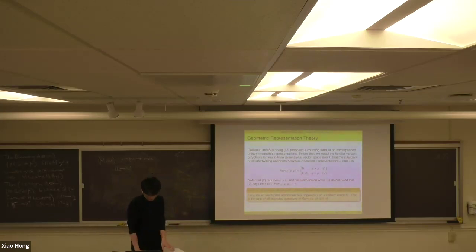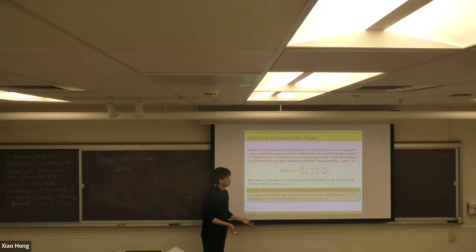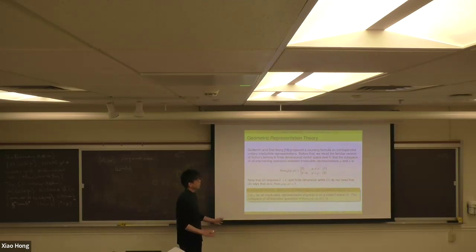Before that, we recall the familiar version of Schur's lemma in finite-dimensional vector spaces over the complex number field. The lemma says that the collection of all of the intertwining operators between given irreducible representations of any group G is a subspace.